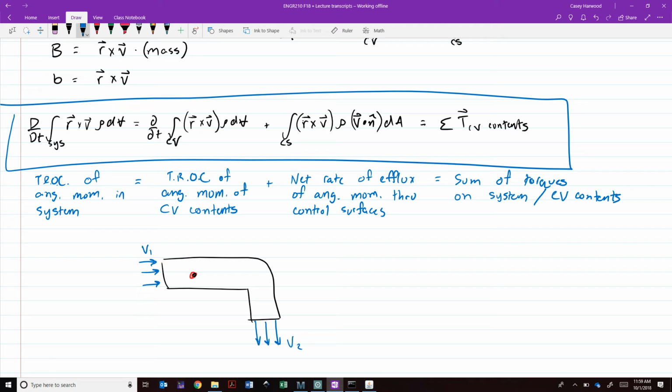V1, V2. Let's go ahead and say that this is X2. You'd end up with rho V1 A1 times V1 times, well, it'd be Y1. That is the Y distance from the center of this inlet to our point.